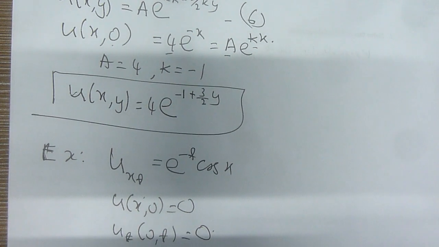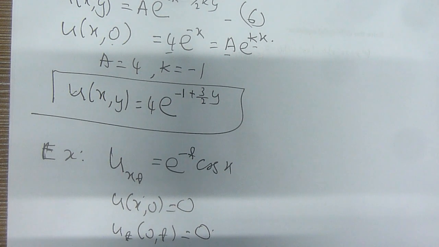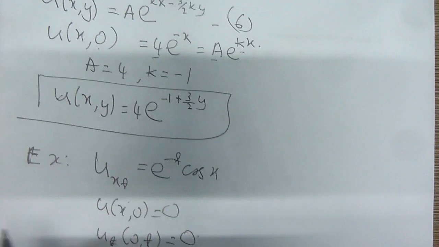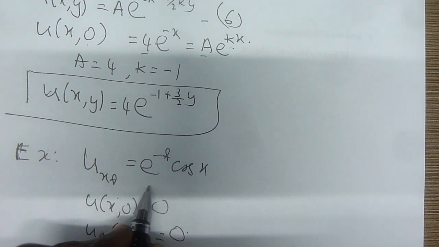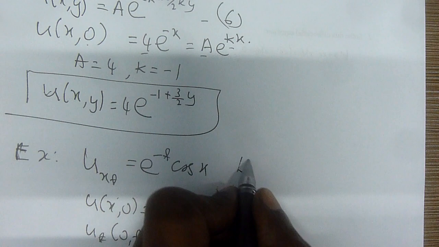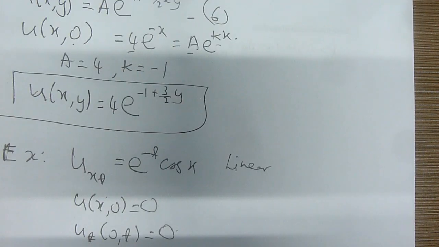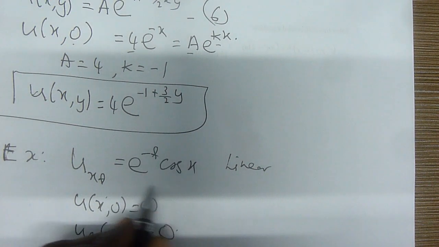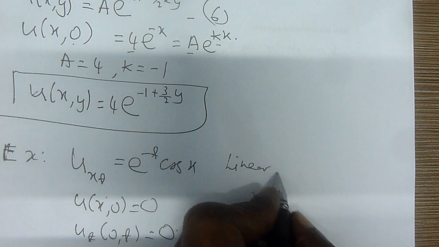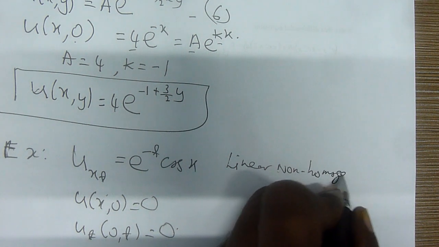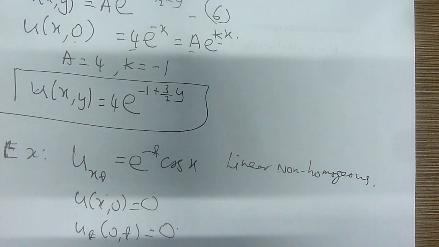I already told you, you must ask whether it's linear homogeneous or not. First of all, is this linear? Of course, this is linear, no doubt about that. But is this homogeneous or not? No. Can you see this? G already exists, so it's non-homogeneous.